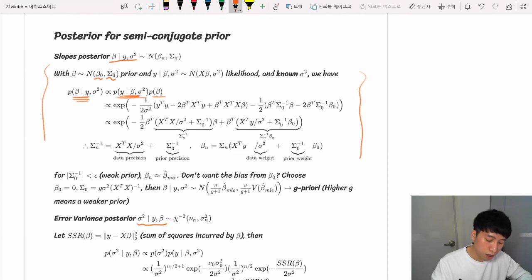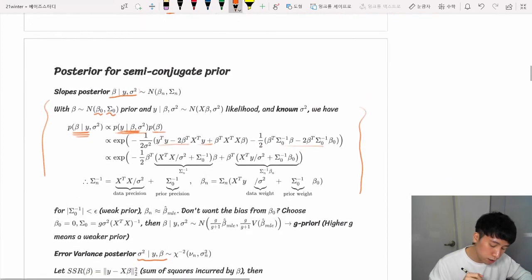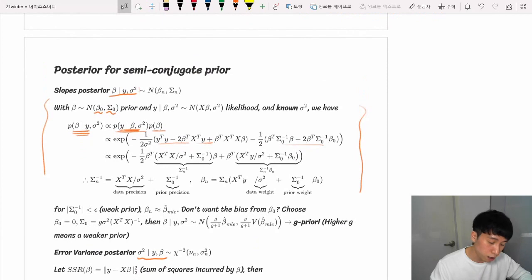And if you expand the expressions, then you get this one and this one. If you remember, this is the point where we use the matching trick, right? Because our interest here is to get a density of beta, we are going to rearrange this term into quadratic form with respect to beta, and the result is this.